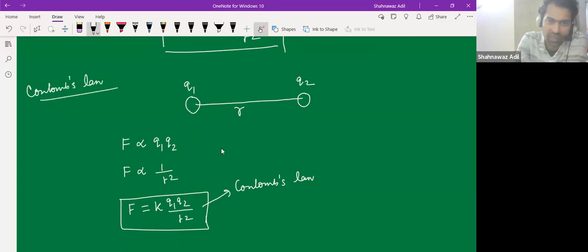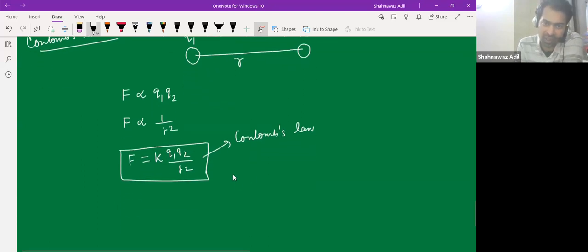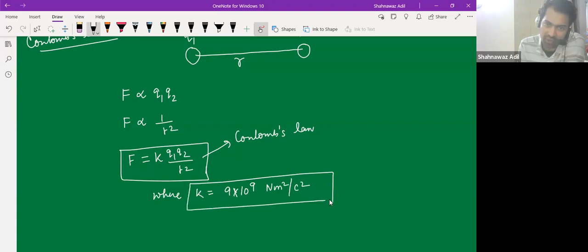Okay, and this value of k is 9 into 10 to the power 9, in Newton meters square per coulomb. This is the value of k, right? And k is also equal to 1 by 4 pi epsilon naught.